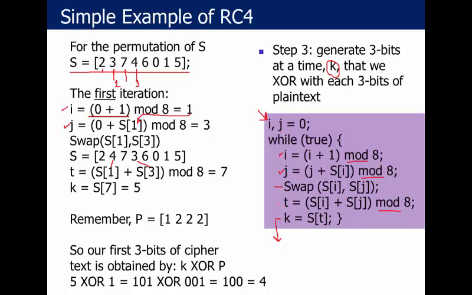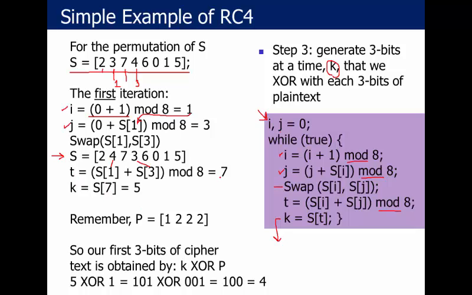So T is calculated using the new S. Now this T is an index to obtain K. S of 7.